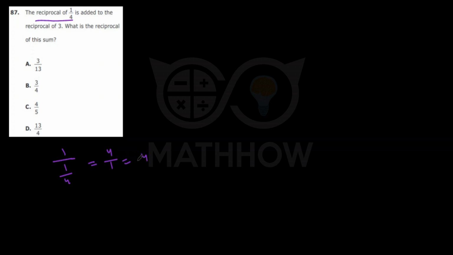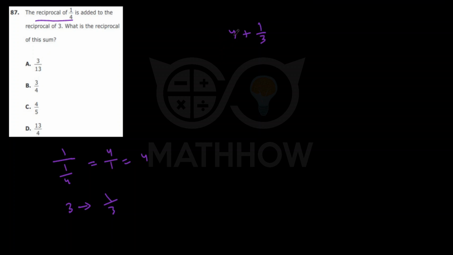So this is the reciprocal of 1 over 4. The reciprocal of 1 over 4 is added to the reciprocal of 3. So if this is 3, the reciprocal of 3 will be 1 over 3. What is the reciprocal of this sum?